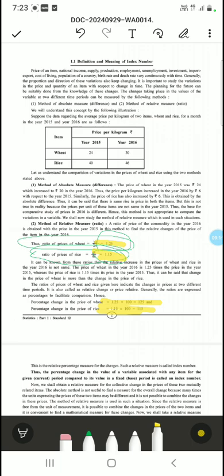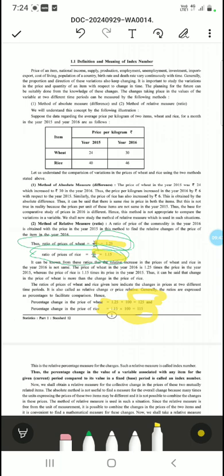If you take 100 as the base price, then there is a 25% rise: 100 plus 25 is 125. So there is a 25% rise in the price of wheat, and in the price of rice it is 15%: 100 plus 15 is 115.